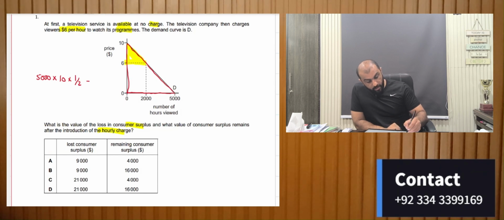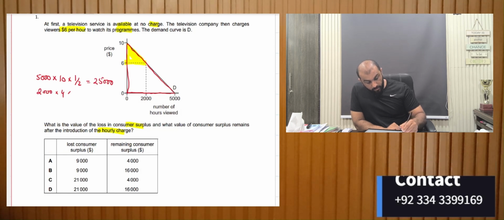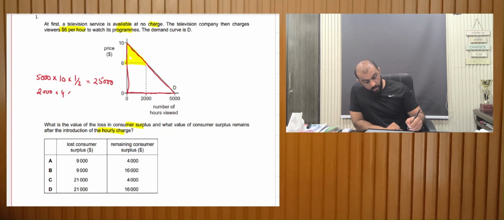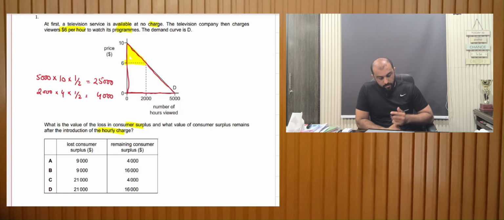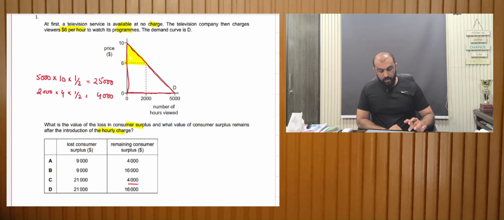Currently, it is 2,000 multiplied by 4, length into breadth, and then half. So this gives me what? 4,000. So the loss in consumer surplus is 21,000. The answer would be C or D. And the remaining consumer surplus is 4,000. So the answer is C, right?